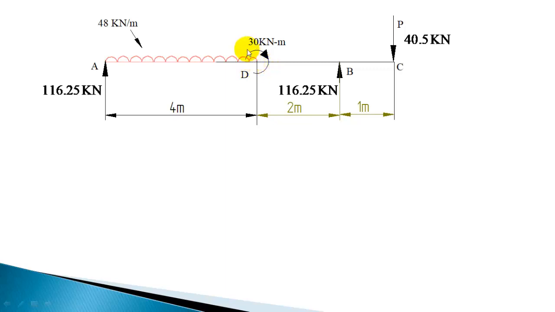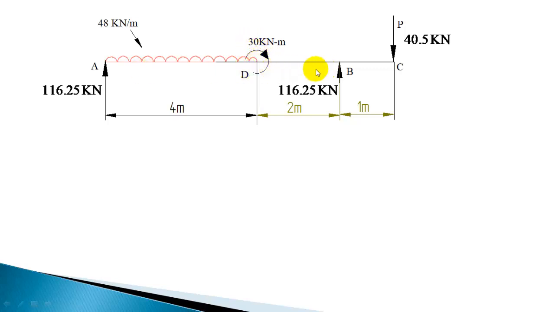At that point, shear force will not change. But due to this couple, the reactions will change, and that will produce an overall effect on the shear force diagram. But as such, at that point, shear force will not be affected.